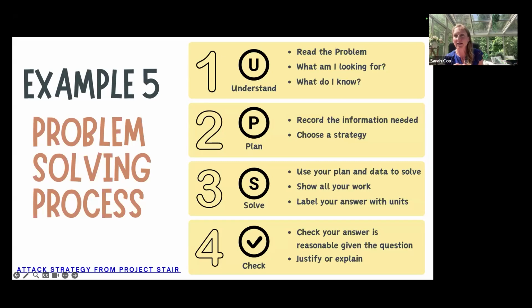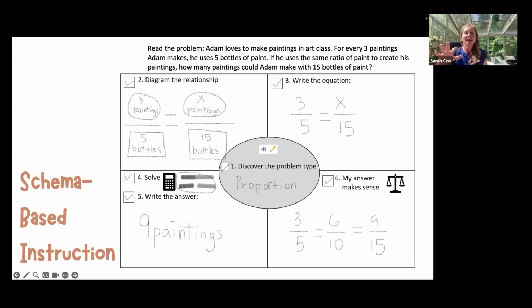And Elizabeth Hughes out of Penn State does amazing work on writing in mathematics. So this is kind of the idea behind using this sequenced chart to help students monitor their own problem solving process in math.